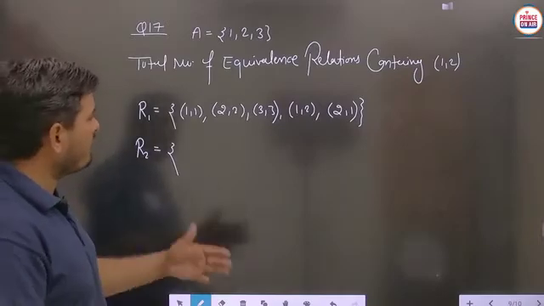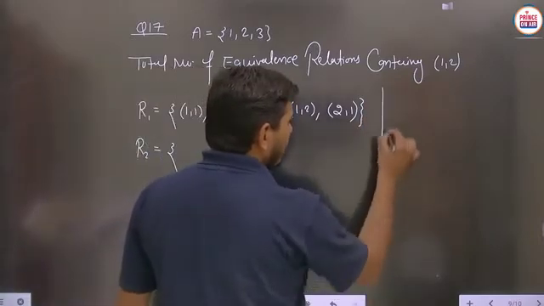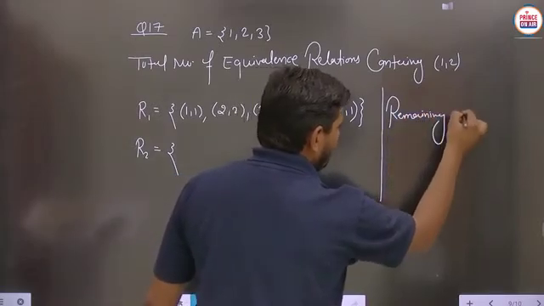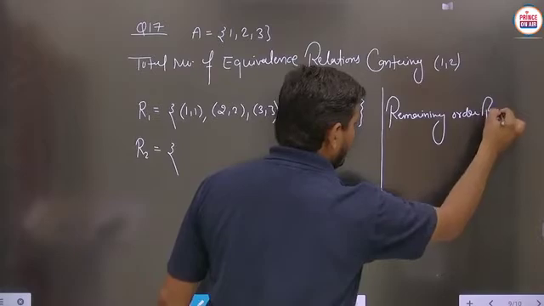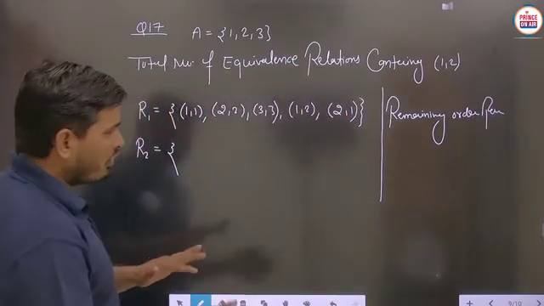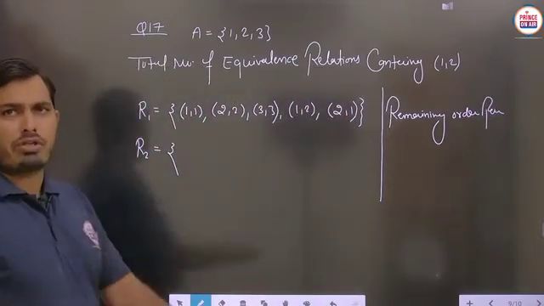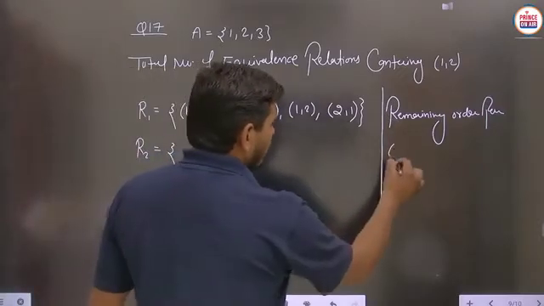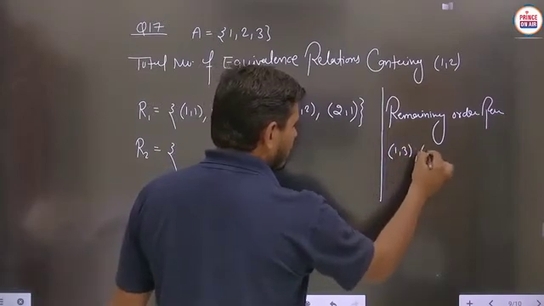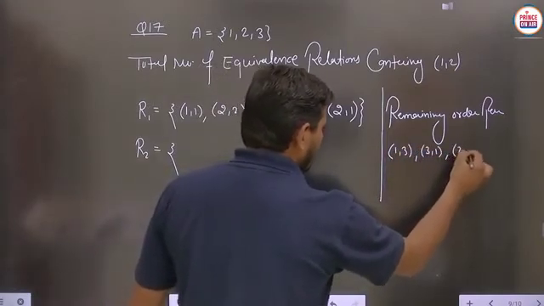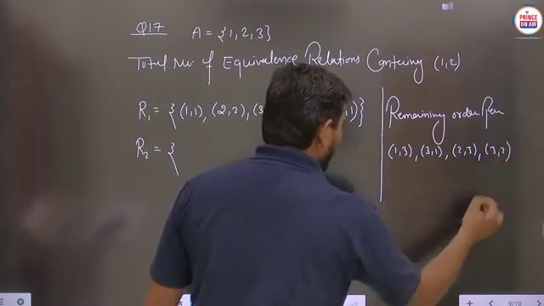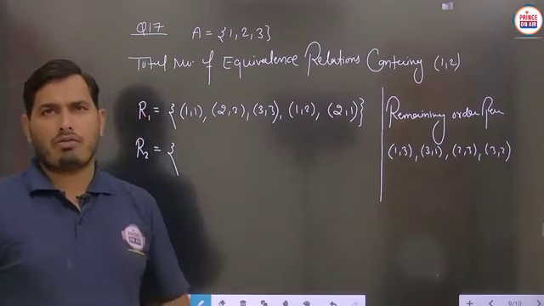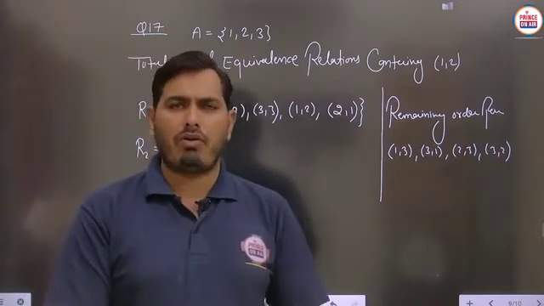Now the remaining ordered pairs we can write here, so that we can easily see which ordered pair is included or not included. The remaining ordered pairs are 1 3, 3 1, 2 3 and 3 2, these 4 ordered pairs, which are to be included, but in such a way that the relation should be equivalence. Is it to be clear?